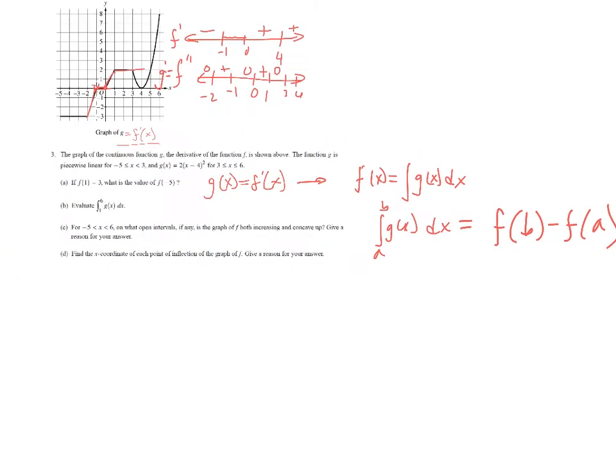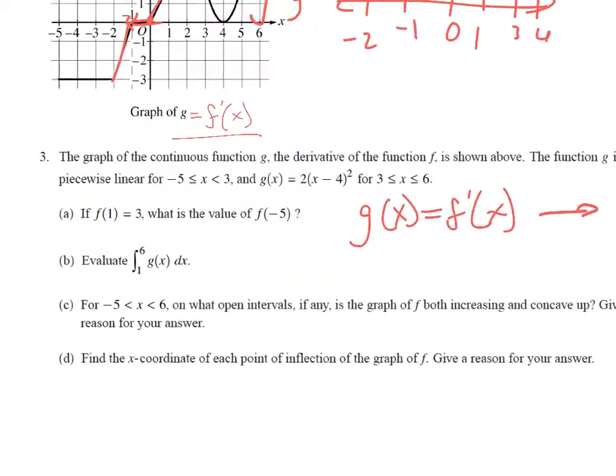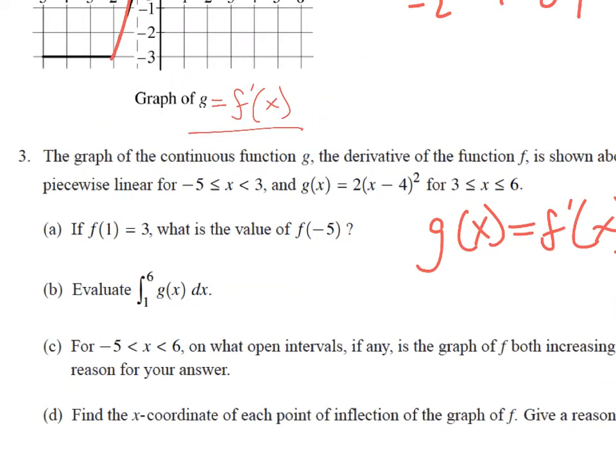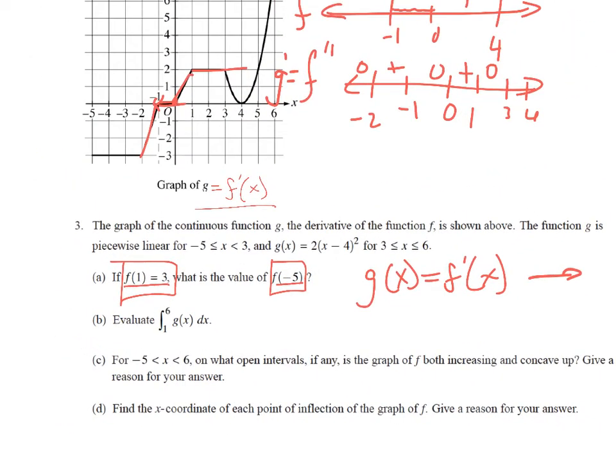And when you get into a problem like this one here, where it's talking about f of 1 and f of negative 5, well, one of these is told to us and one we don't know. And so between 1 and negative 5, we can find that integral from the graph. We can find what's going on with g.